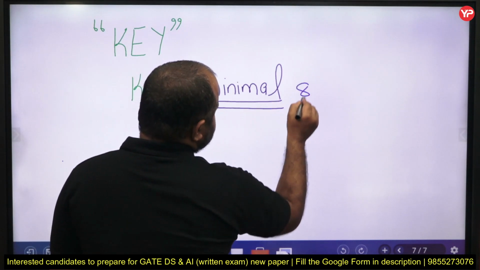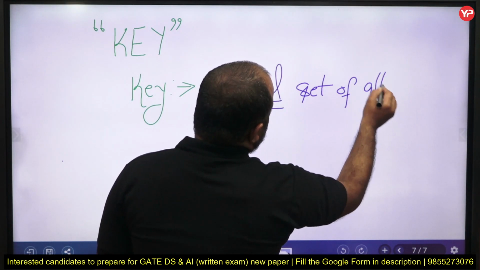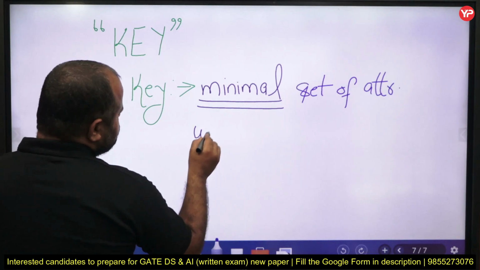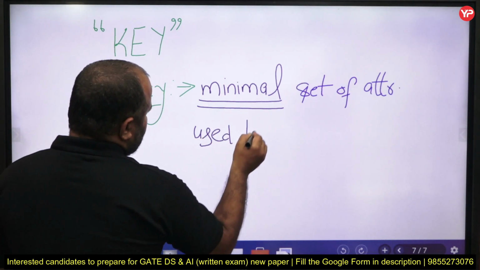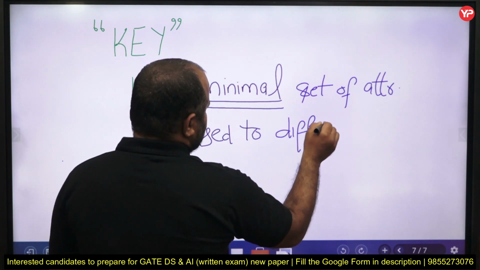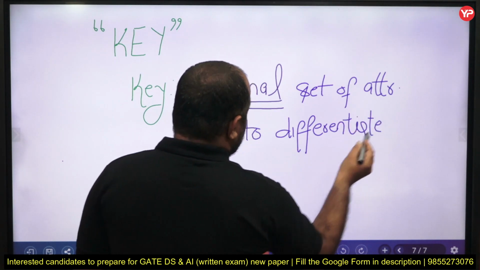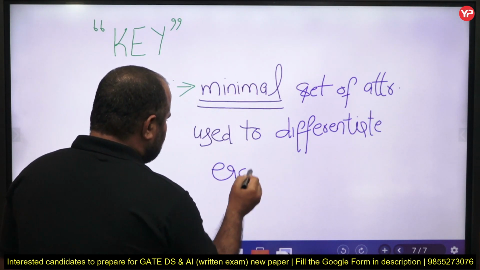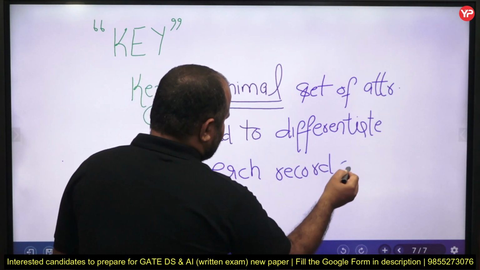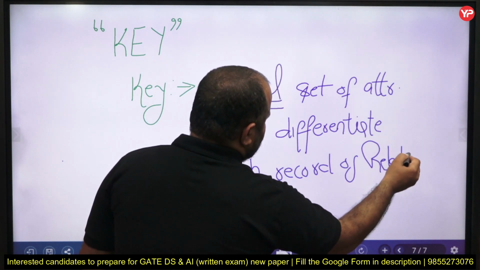A minimal set of attributes used to differentiate each record of a relation.